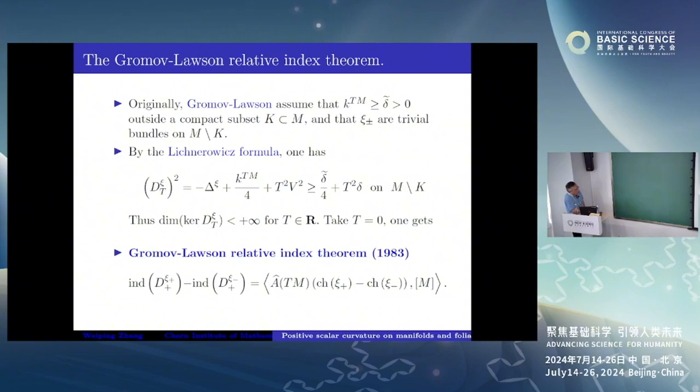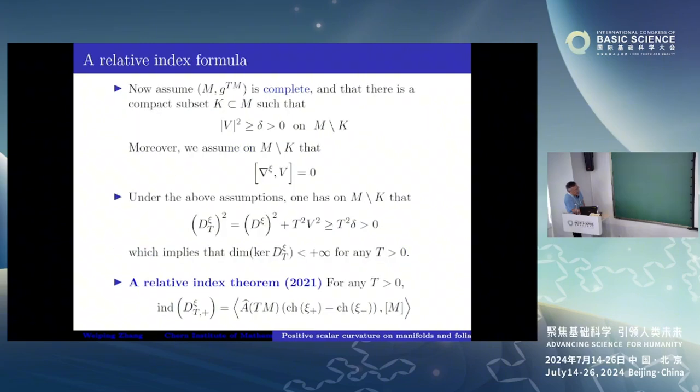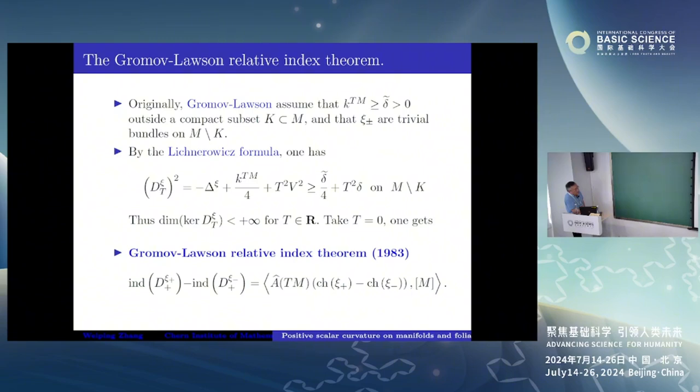The difference of these two indices equals the right-hand side, which is the same topological interpretation as the relative index theorem. So this is Gromov and Lawson's relative index theorem. They assume that the scalar curvature has a uniform positive lower bound near infinity.